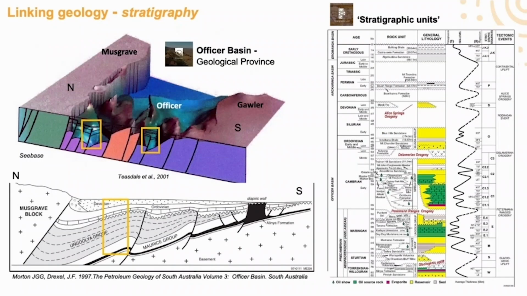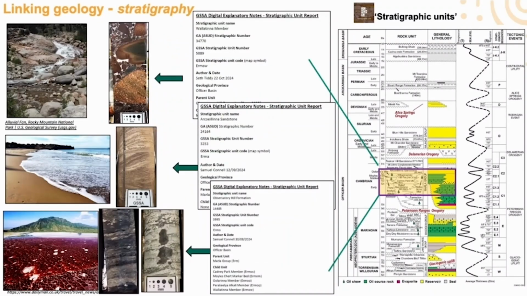Then of course, provinces are made up of geological units or stratigraphy. So that's the next part of the project. Let's cut a slice through that Officer province, and it will look something like this. Officer is a deep basin with a large sedimentary pile. Strat column on the right. The project is also generating reports on individual geological units.